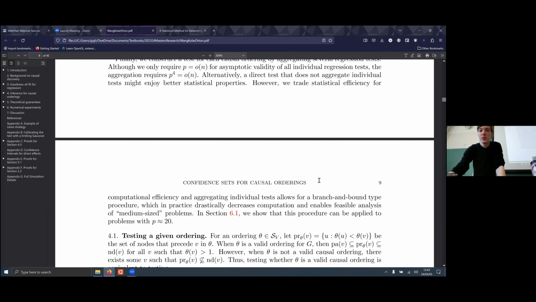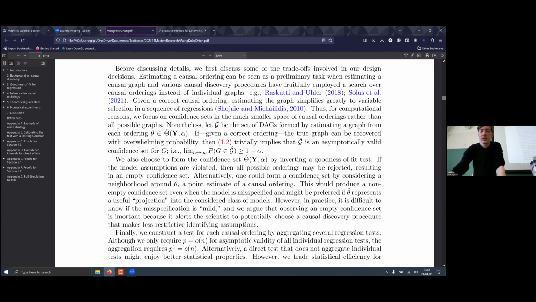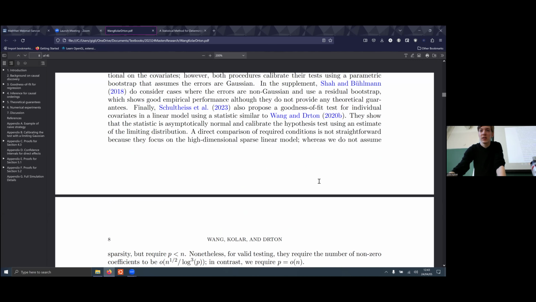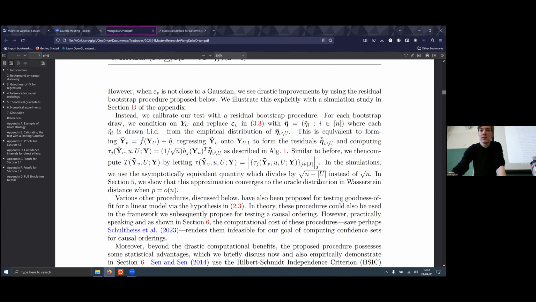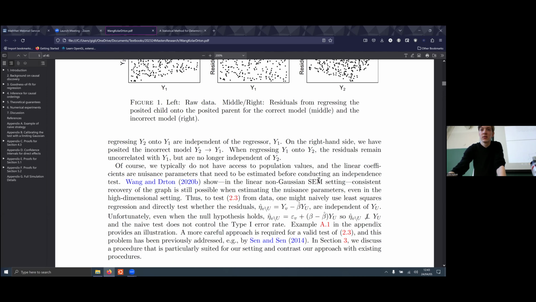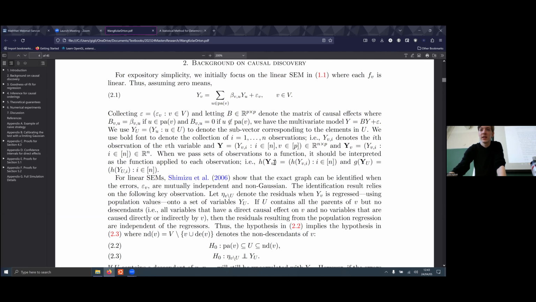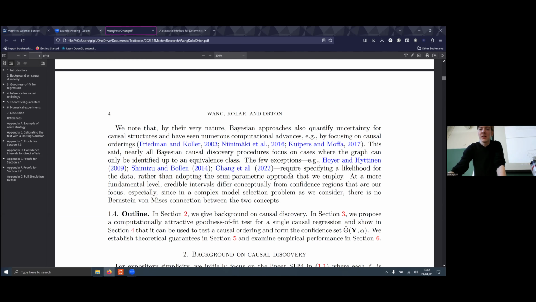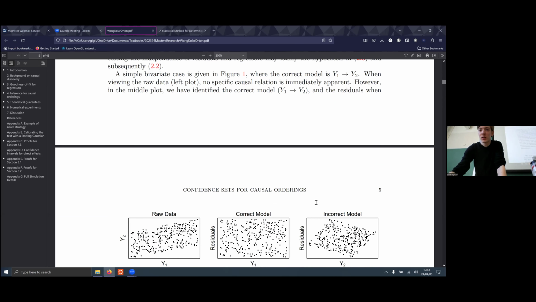No, they do allow for nonlinear. Really, their model is slightly more complicated. Oh, they do put the linear model in here, but they allow for the more complicated model.